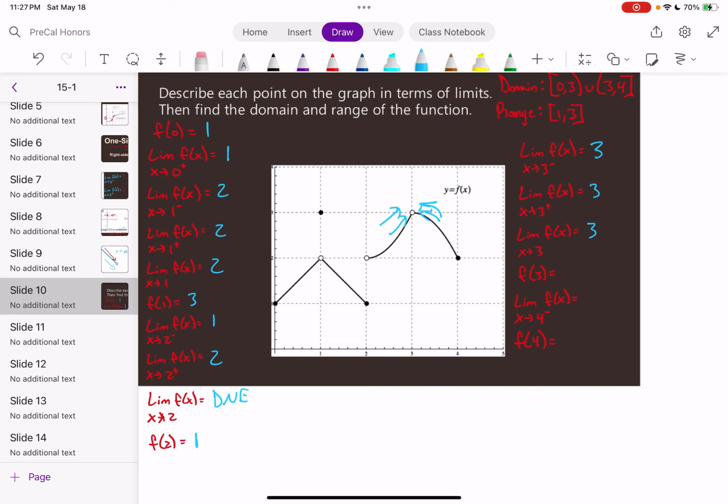Now, f of 3 does not exist because here we end up having an open circle. The limit of f of x as x approaches 4 from the left side would be 2. And f of 4 would be 2 because we have a solid dot there.